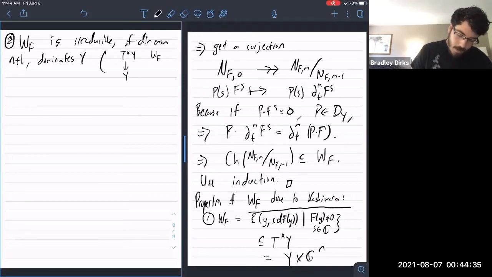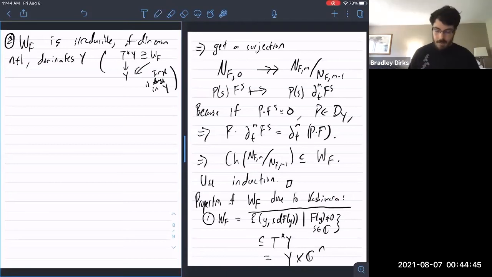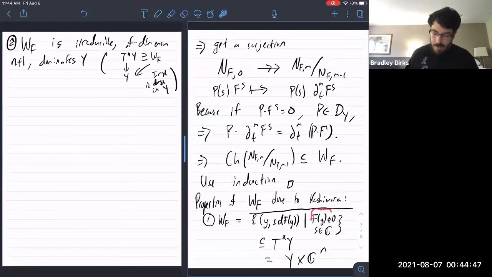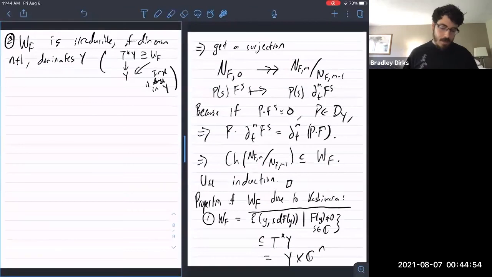So we have WF to Y, the image is dense in Y. That's what this domination means. And we can see that here because it includes every point where f of y is non-zero, so it hits that whole open subset. And y is an irreducible variety, so open subsets are dense inside y.